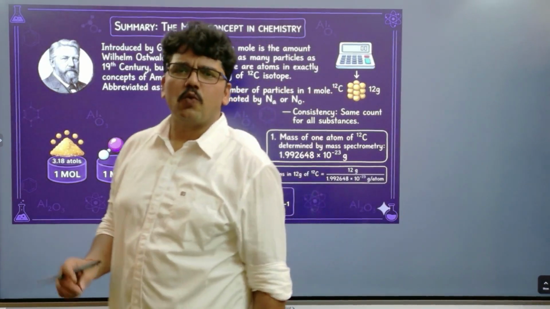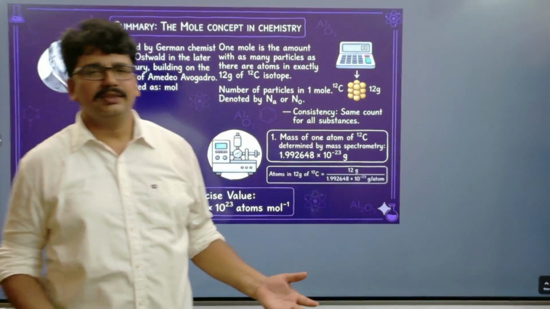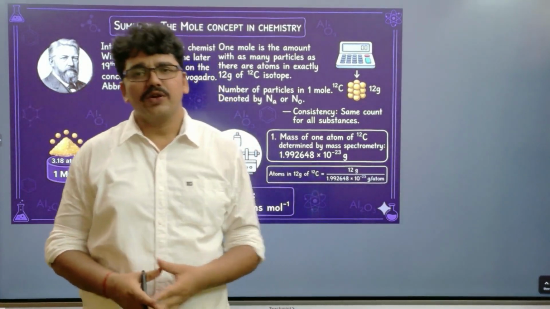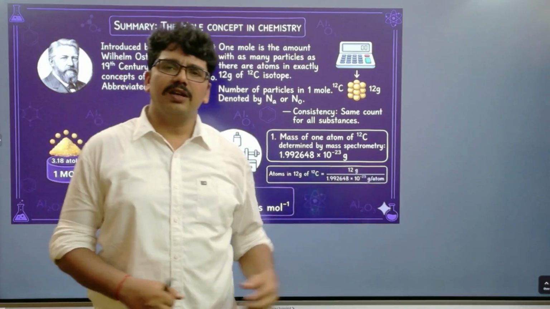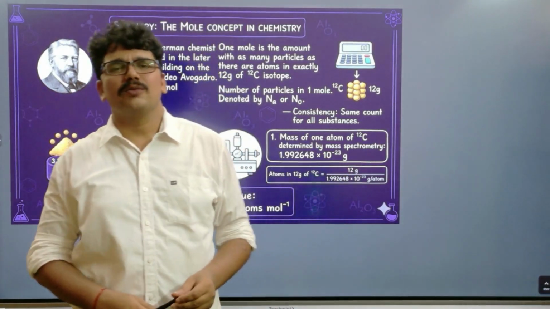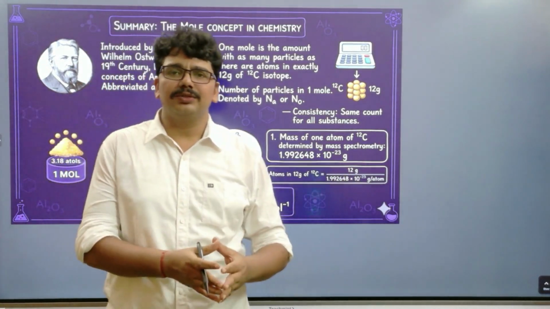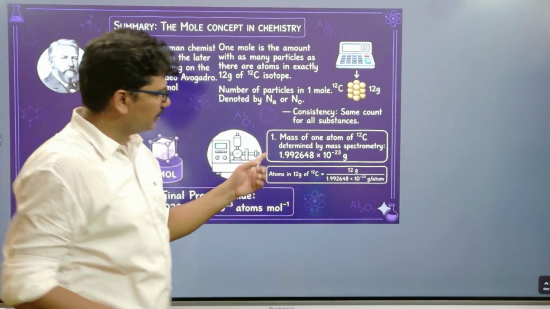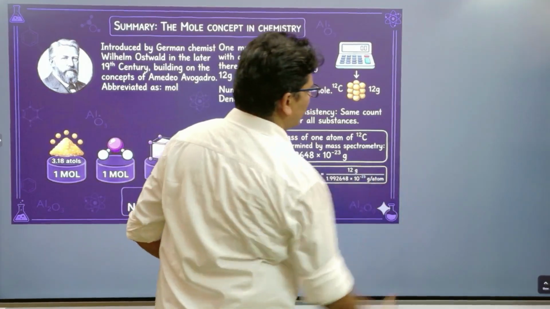So, mass of one molecule of carbon dioxide, or mass of one molecule of ammonia, or mass of one molecule of hydrogen, or mass of one carbon atom. So, the individual atoms or molecules mass is calculated by mass spectrometer.